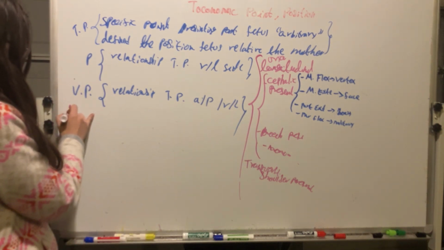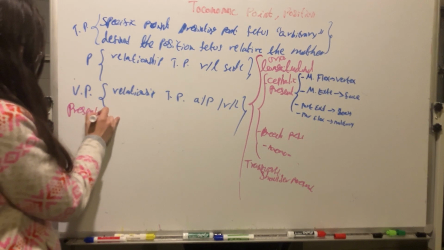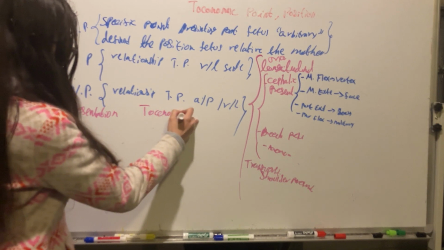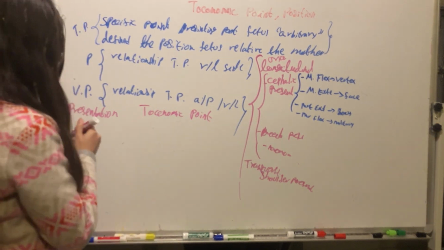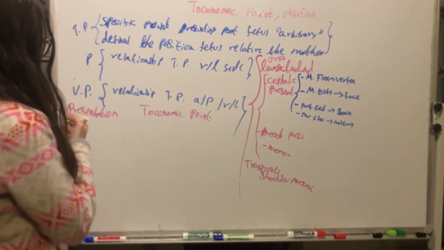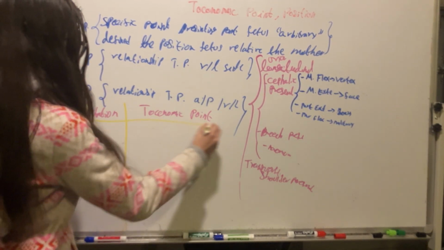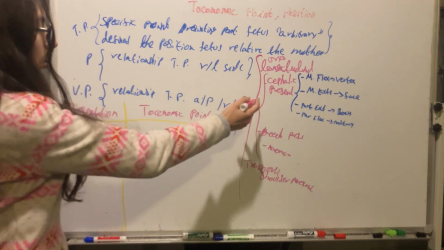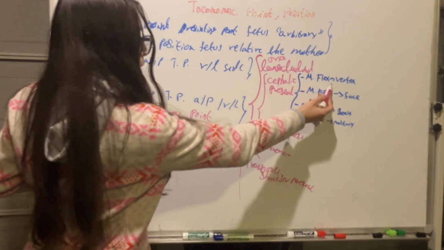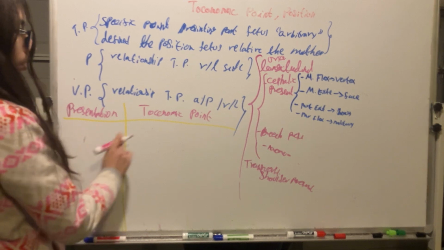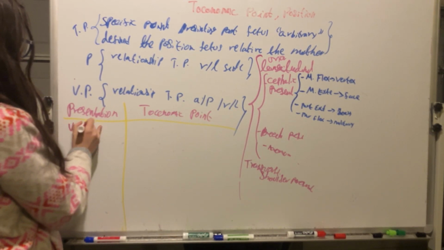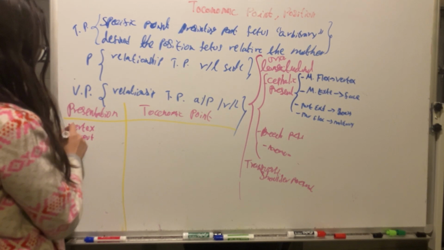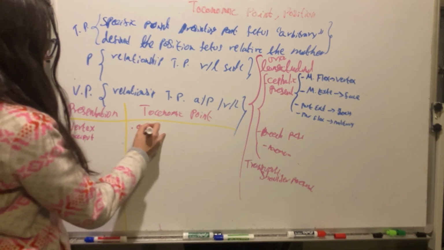Here we will write the presentation, and here the tocogonic point. In a cephalic presentation with maximally flexed neck, this is a vertex presentation or an occiput presentation. Here the tocogonic point is the occiput.